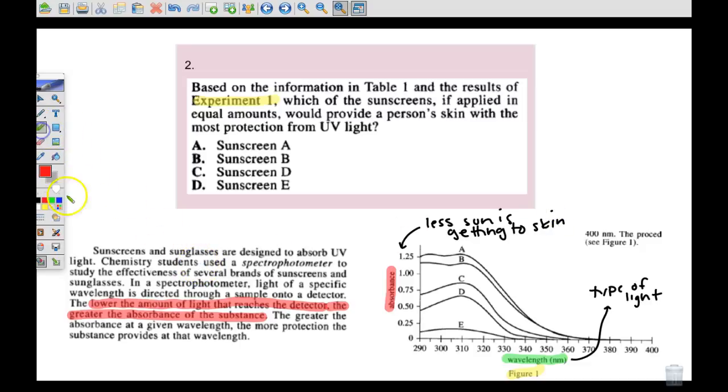So what we're looking for in this particular question would provide a person's skin with the most protection. So it's asking for the most protection, it's asking for the most absorbance. And in this case, the best answer is A. And the reason it's A is because A has the greater absorbance of all 5 sunscreens tested.